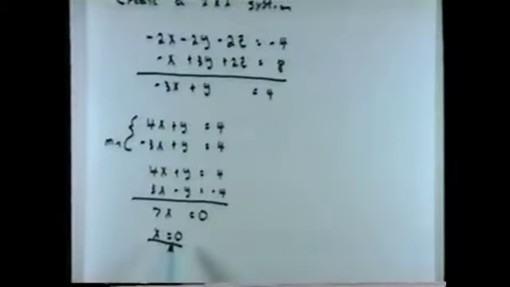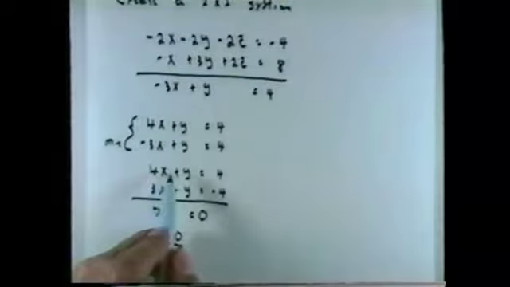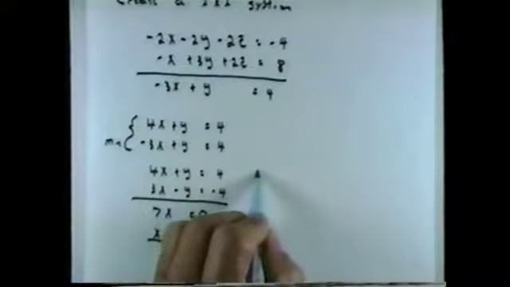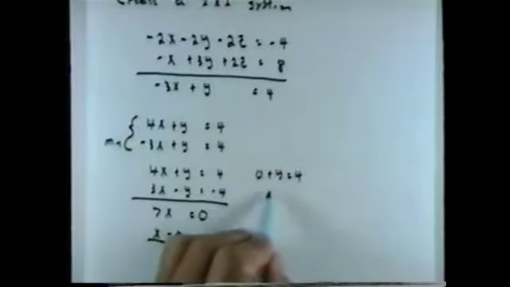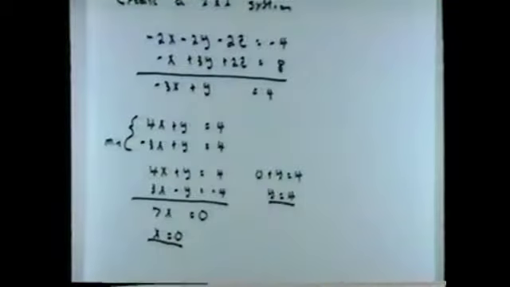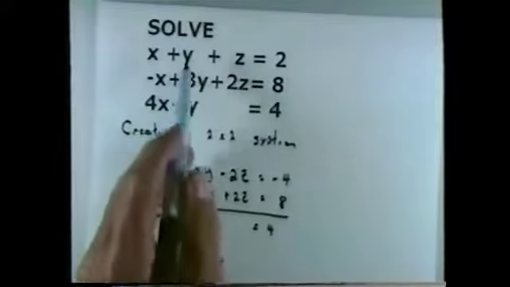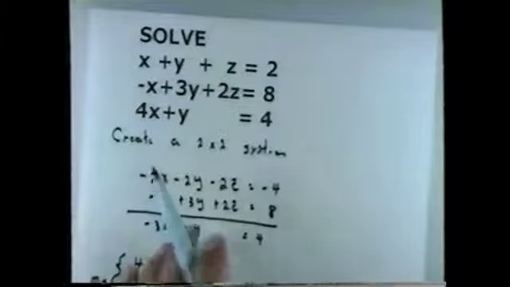If x is 0, I can go back to either of these two equations and find out what y is. Because if x is 0, this would be 4 times 0 plus y is equal to 4. So I get 0 plus y is equal to 4, or I have y is 4. That's back substituting. Now if I know that x is 0 and y is 4, I can go back to one of my original equations and find out what z is.